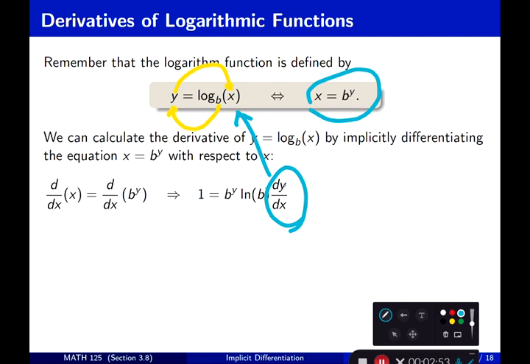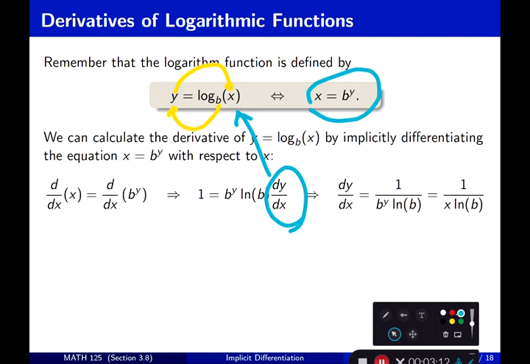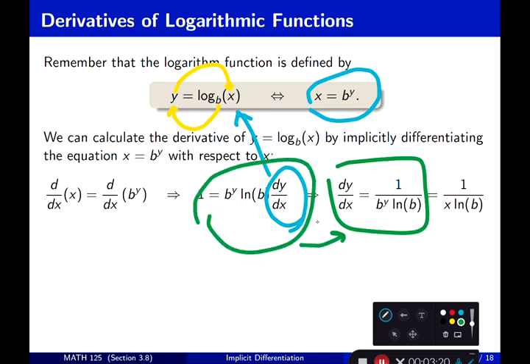Now solving for that derivative will give you dy dx is equal to 1 over b to power y natural log of b, that's the one that you got just from solving in here.